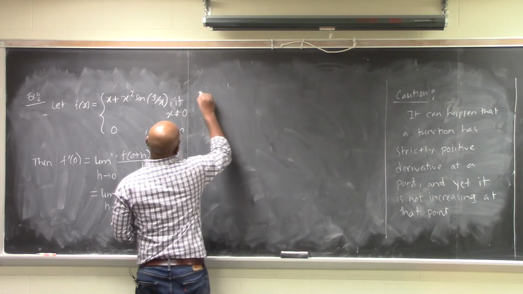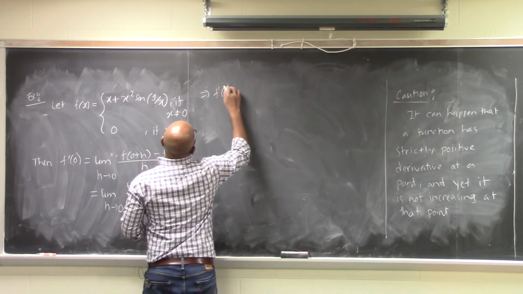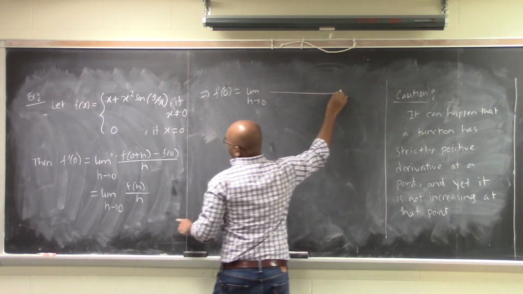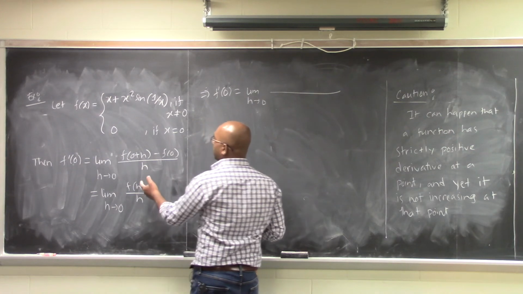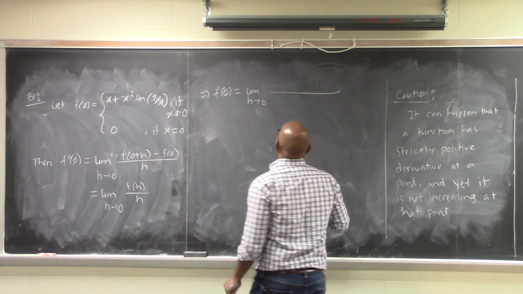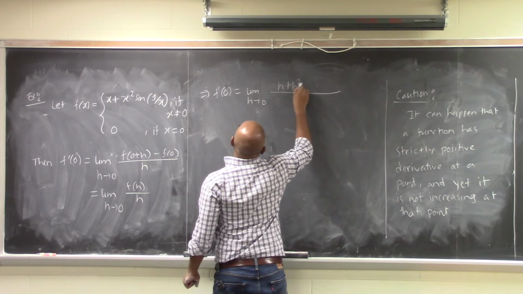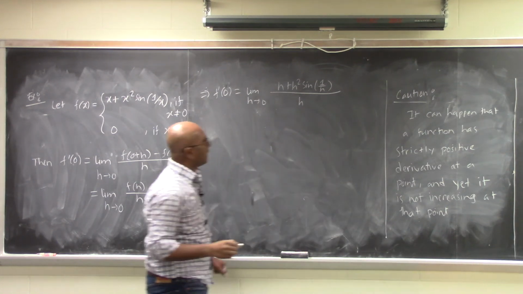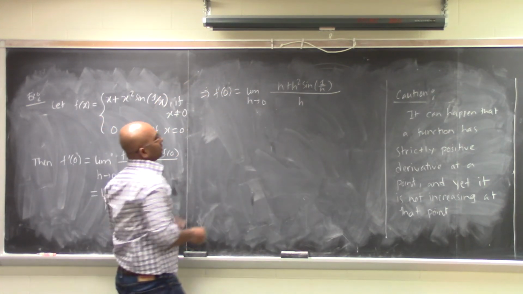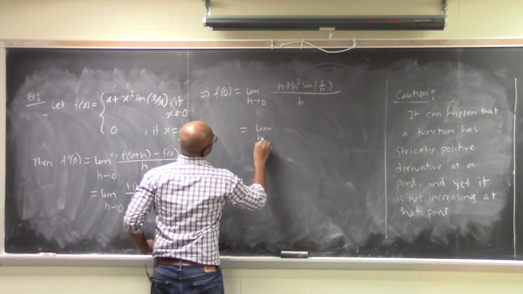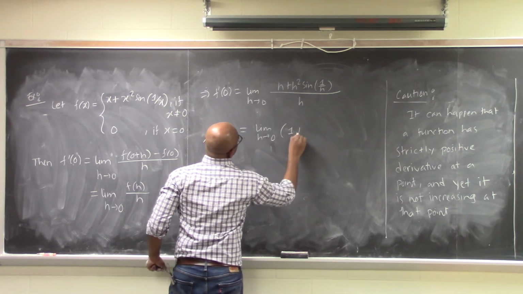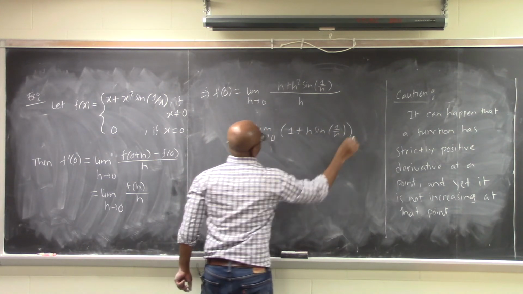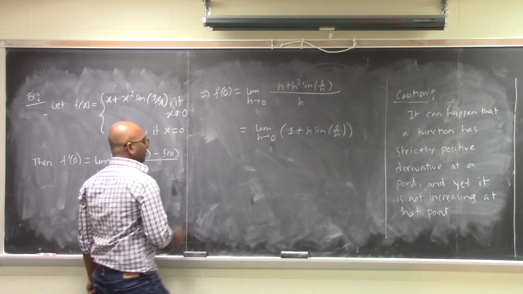So this is the limit as h approaches 0, substituting h for x, of h plus h squared sine 1 over h, over h. We can factor out one h from the top and cancel it. So this is the limit as h approaches 0 of 1 plus h sine 1 over h. And you can use the squeeze theorem.